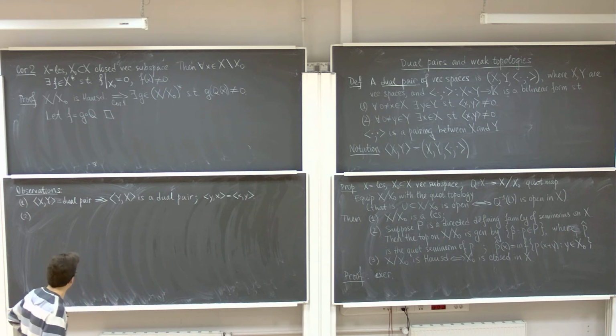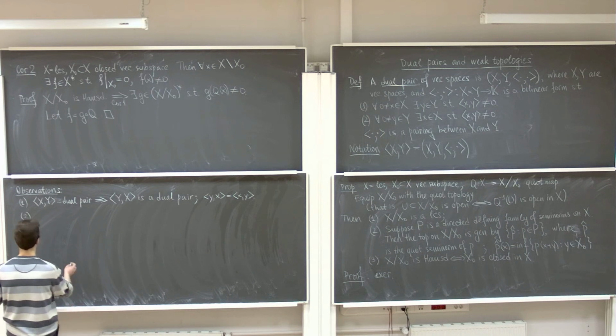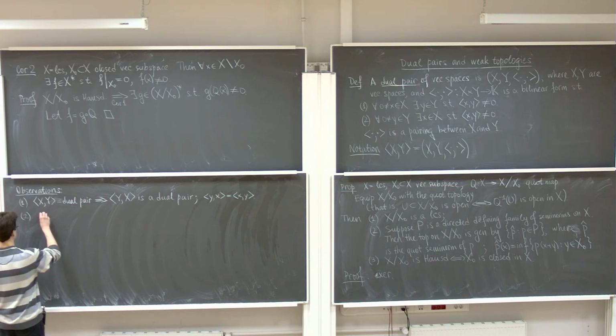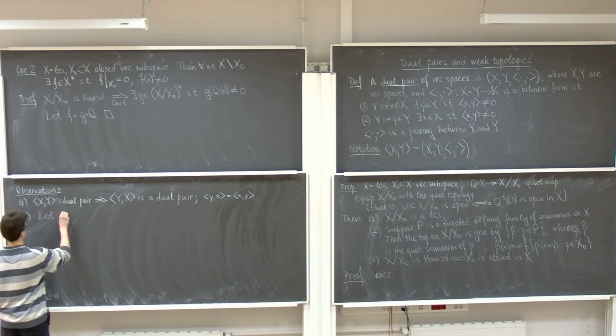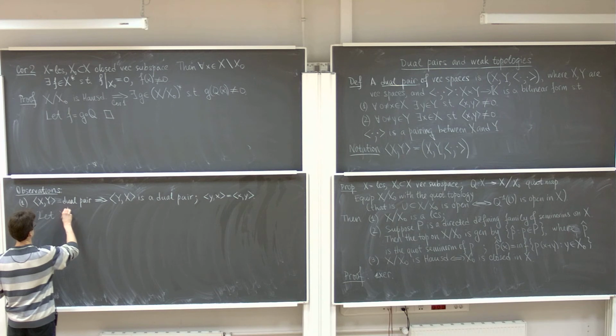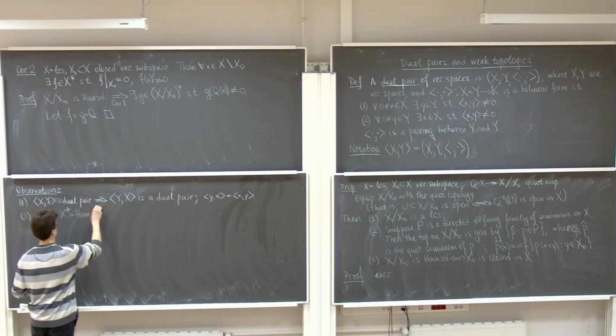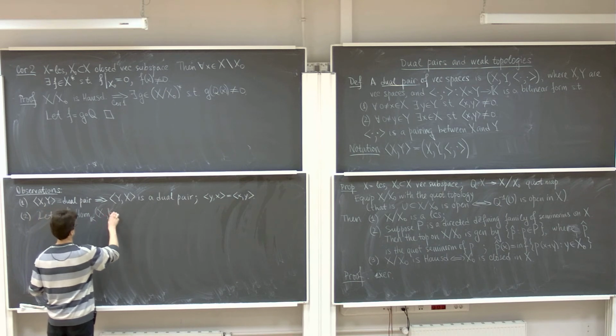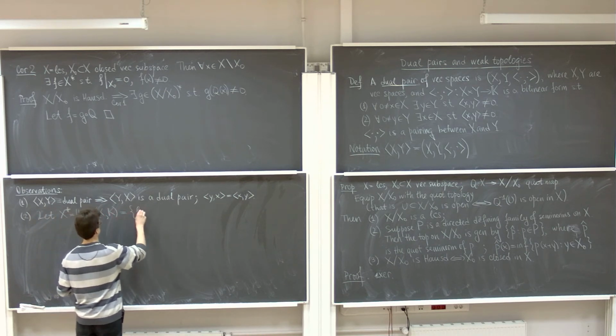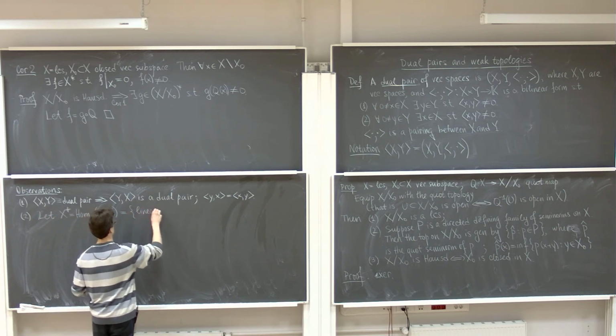So to avoid confusion, let's denote the algebraic dual of x by x hash. So this is the space of all linear functionals on x.